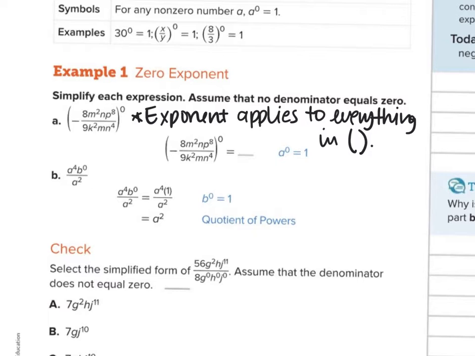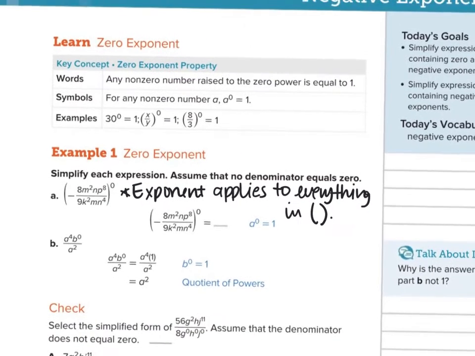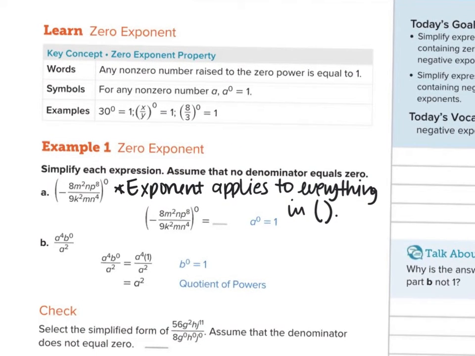So if we look at A, what all is included with the exponent of 0? So what does the 0 apply to? Everything, okay? And the 0 exponent property says that A to the 0 power equals 1, okay?